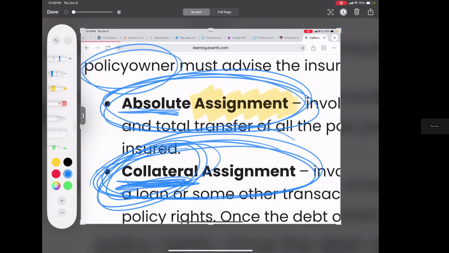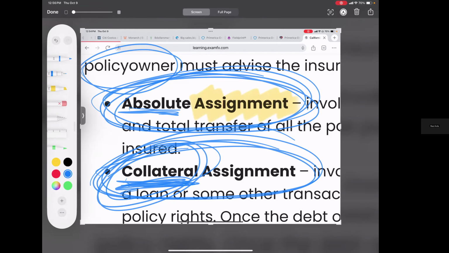Yeah, exactly. Absolute assignment is you're transferring somebody's policy. Different scenario. Let's say I need money, and I have a policy that I've been paying. I have $500,000 in coverage on myself. And you're like, I'll pay you, Raul, 200,000 for your policy right now, cash.